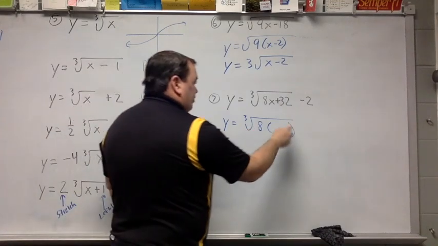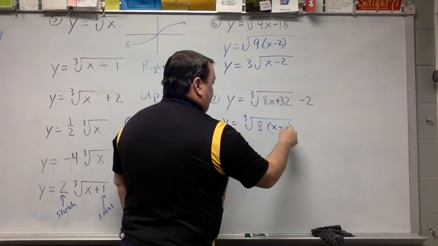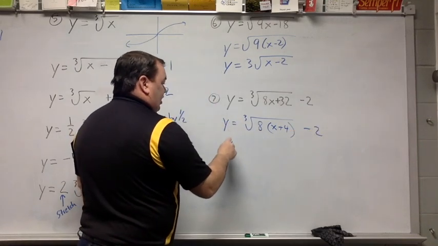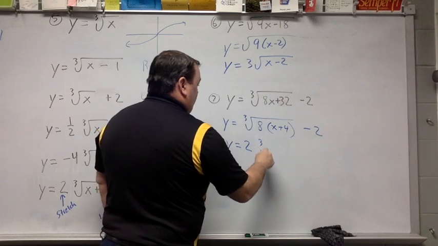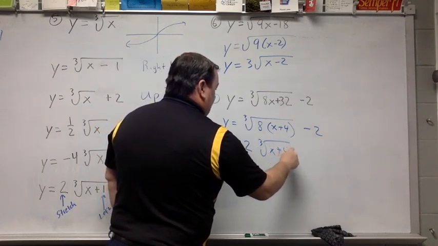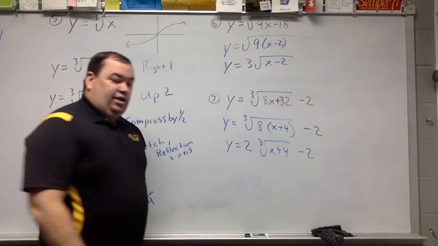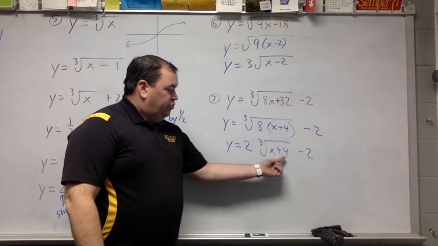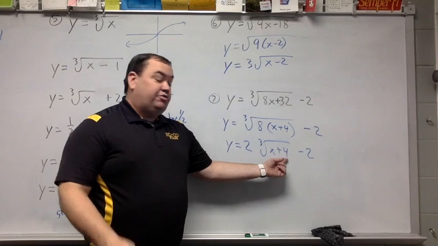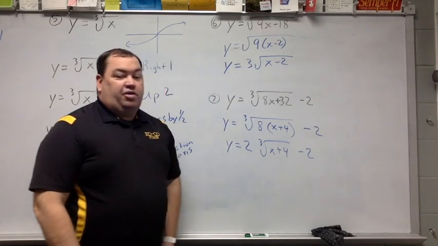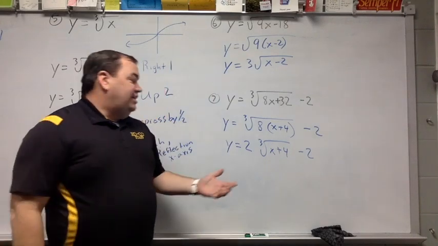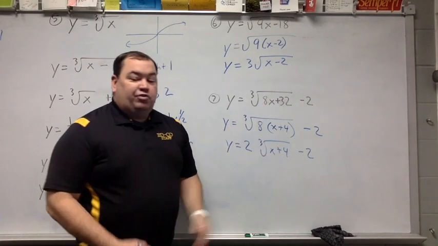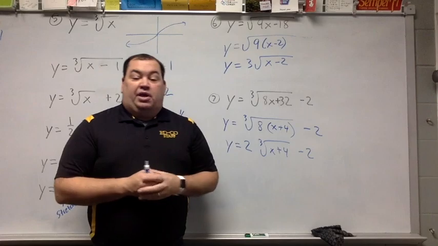So if I do a little factoring in here, I can do the cube root of 8, and I get 2. And now this problem lays out just like the previous ones. It's been moved down 2, it's been moved to the left 4, and it's been stretched by a factor of 2. Not as easy to see those things when it's written this way. That's why we try to simplify our radicals before we pick out those pieces.